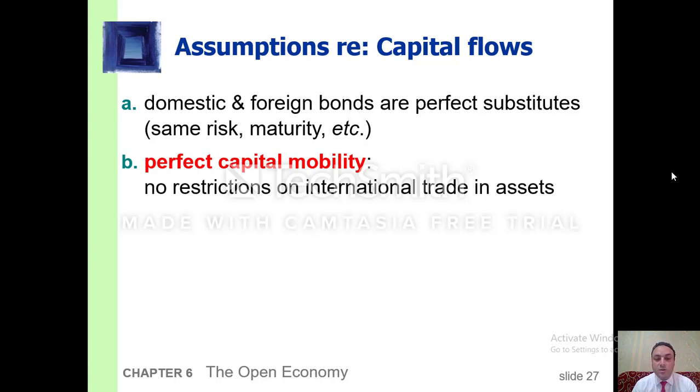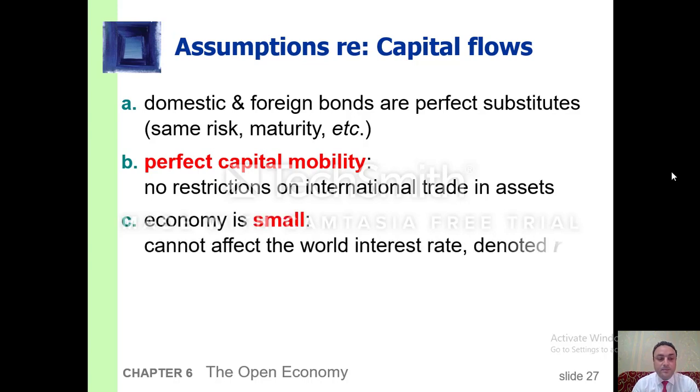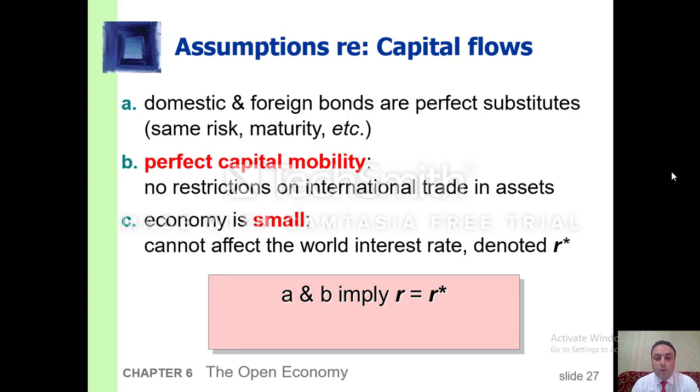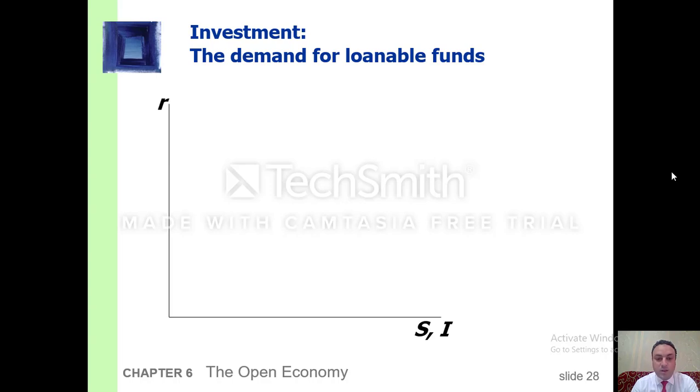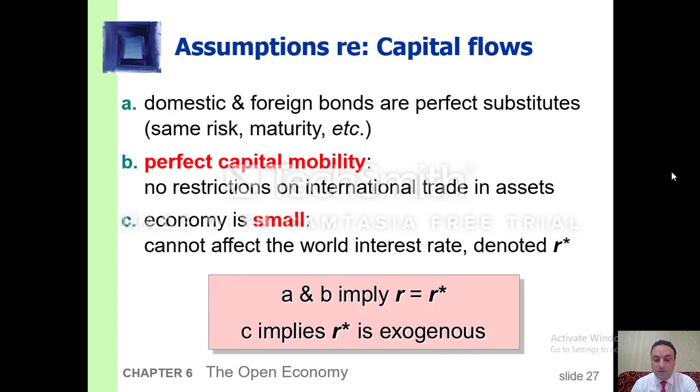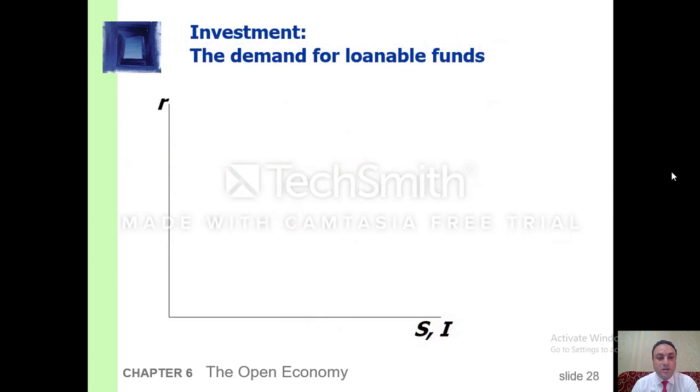There are no restrictions on the international trade in assets, and the economy is small, as we mentioned at the beginning of the chapter, so it cannot affect the world interest rate. By the way, we denote the world interest rate by R star. As we know, R is for the local interest rate and R star is for the world interest rate, which is also an exogenous variable, as we will see in the next slide.